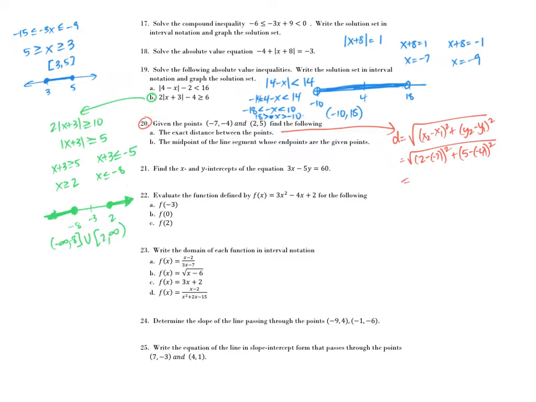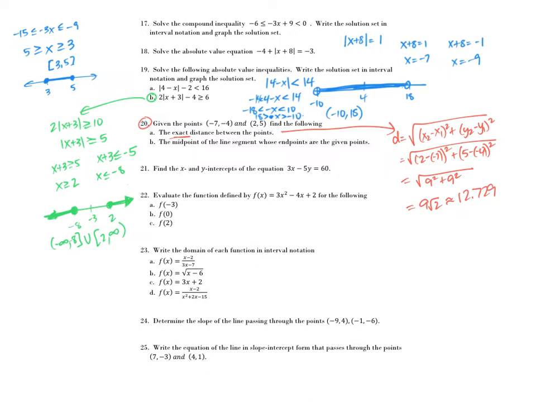And so what is that? That's the square root of 9 squared plus 9 squared. So that's going to be 9 square root of 2, which is approximately 12.729. But if it says the exact distance, I think it wants it in this square root format.